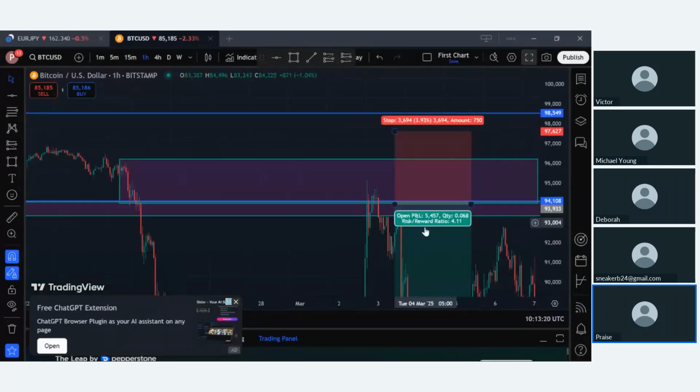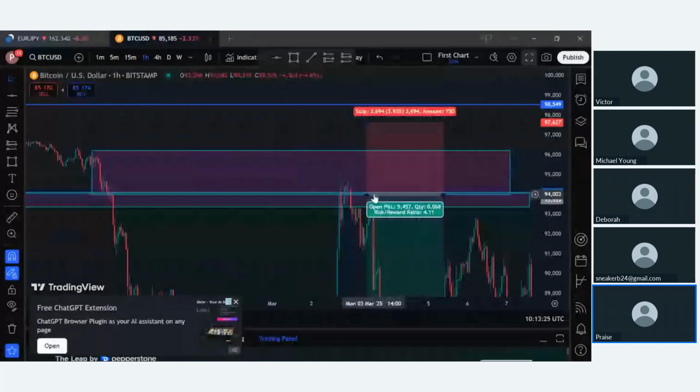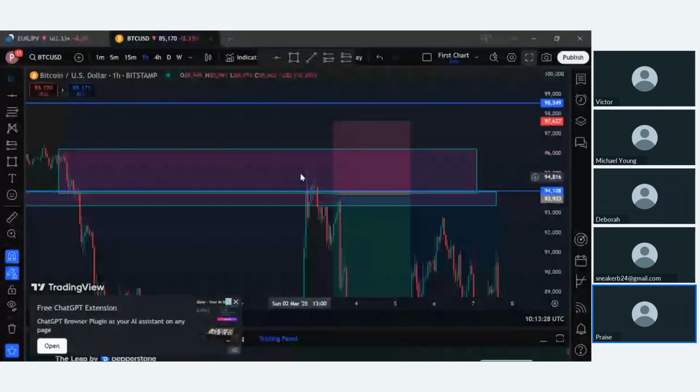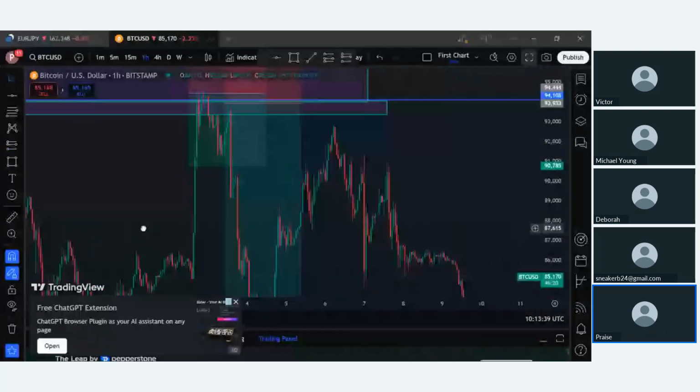So you can take the entry using this technique, or you can also wait, in case this market wants to dip. Once it enters inside this supply zone, you take another entry, right?